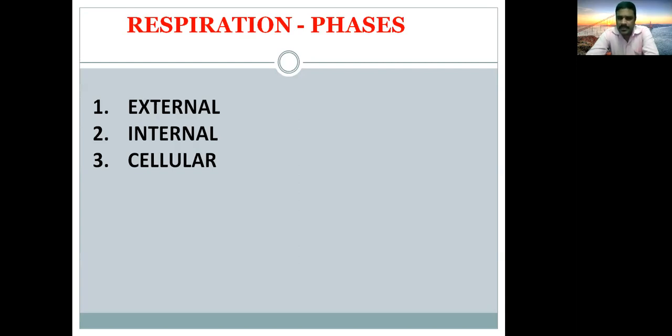Whenever you burn any material, energy will be liberated in the form of heat and light. So energy liberation is possible outside living organisms also. That is also oxidation of organic molecules, and in some cases they may be inorganic molecules also.